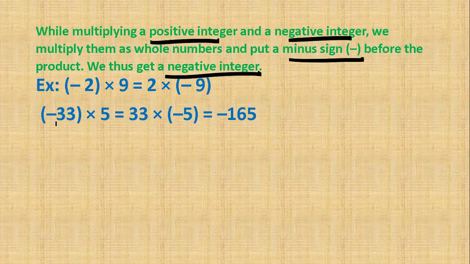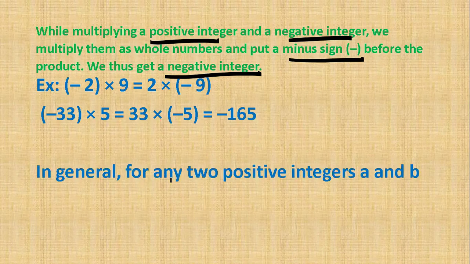Also, -33 into 5 is equal to 33 into -5. The product of 33 into 5 is 165, that means -165.